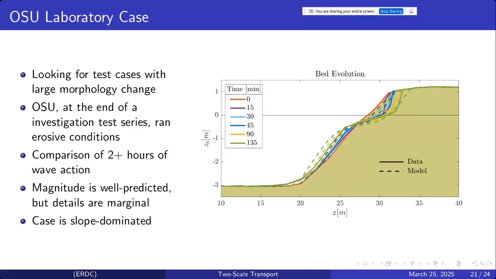Here you have a retreat of something like 4 meters over 2 hours. And so I'm showing you the initial profile, which is a steep sort of dune face, and that gets eroded or eaten away with time. And the dashed lines are the model results, and the solid lines are the data.